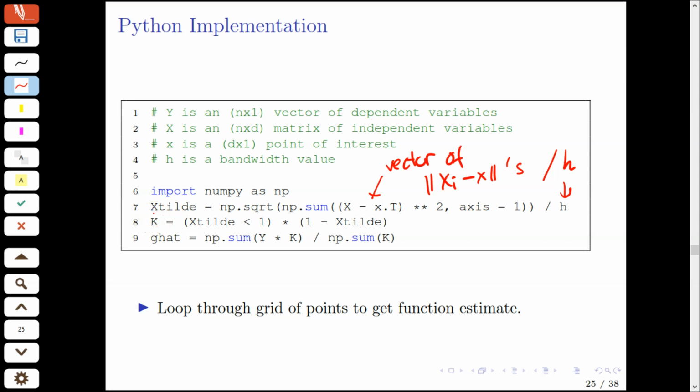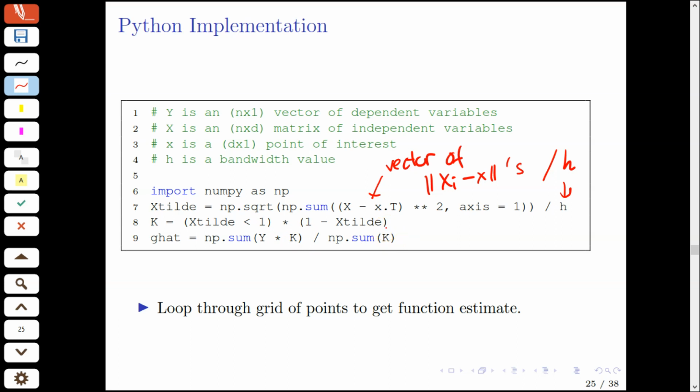So here I've made use of a triangular kernel, where we first single out the observations which fall within our window of opportunity, and then attach a weight which is linearly declining in the distance to our point of interest. The resulting kernel estimate, g hat at the point x, is then simply the ratio of sums, where we've weighted each outcome by the resulting kernel weights and divided by the total sum of weights.